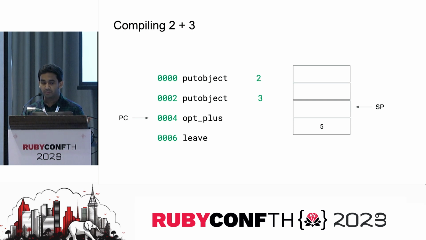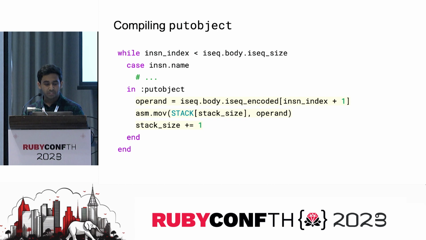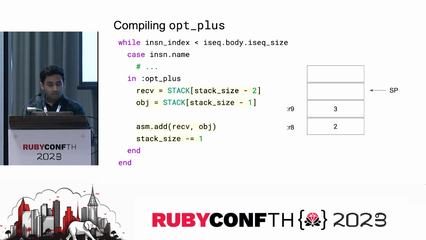And finally, we leave. So for put object, we get our values from the instruction, which is the first line here, where we're getting the operand, and we push it onto our register. We push this value onto our register, and then we just increment our stack pointer. For opt plus, I said that we need to pop these values.